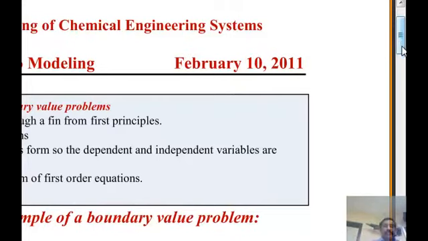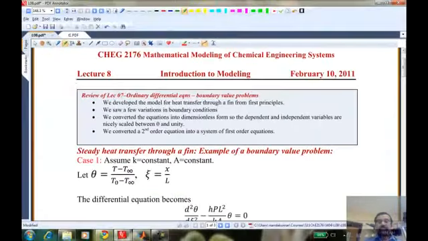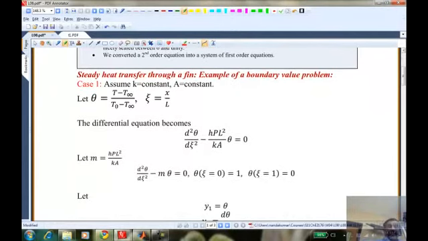And then the second important thing that we saw is how to put that into a dimensionless form, okay, by defining dimensionless variables. And so we ended up with an equation like this, where theta is dimensionless temperature. Dimensionless meaning it has no units, because both numerator and denominator have temperature, so they cancel out.